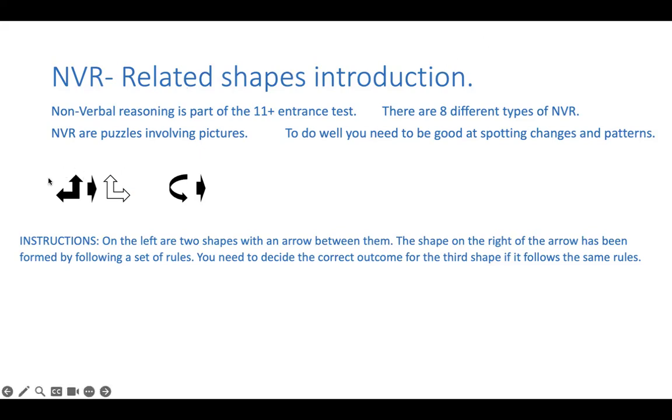So you can see we have our first shape here, which is this shaded arrow. And then we have an arrow pointing to the next shape. So we need to decide what has happened from the first shape to the next shape. And then we apply that to the example here on the right. So here are the options that we have for our answers.